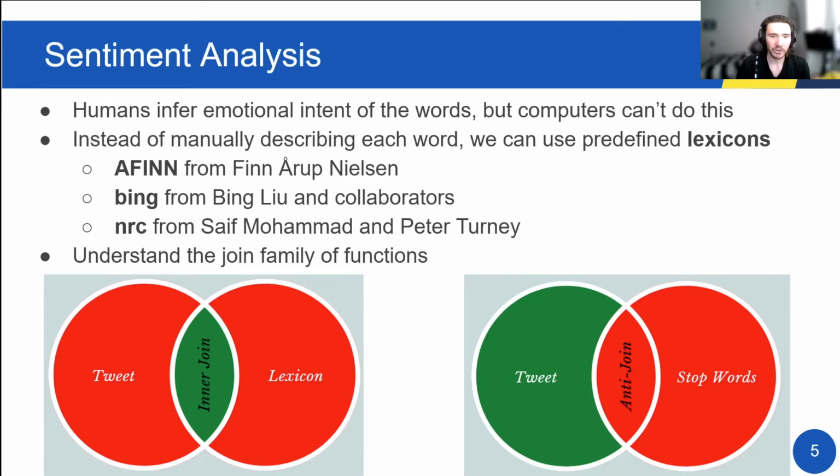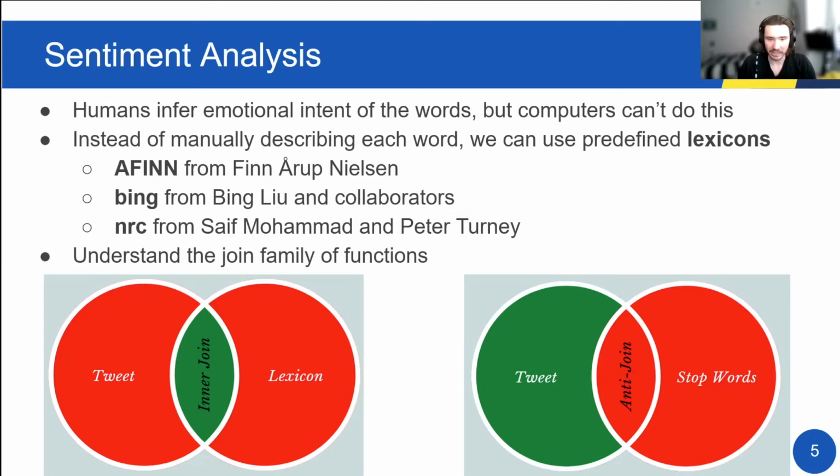Before we jump back into R, take a look in the lower left-hand corner where it shows the tweet, inner join, and lexicon. Not every word in our tweet is going to be in the lexicon.